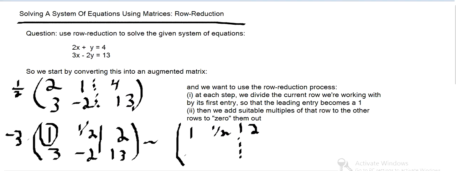So minus 3 times 1 plus 3 is 0, minus 3/2 plus minus 2, that's minus 7/2, and then minus 3 times 2 is minus 6 plus 13 is 7.